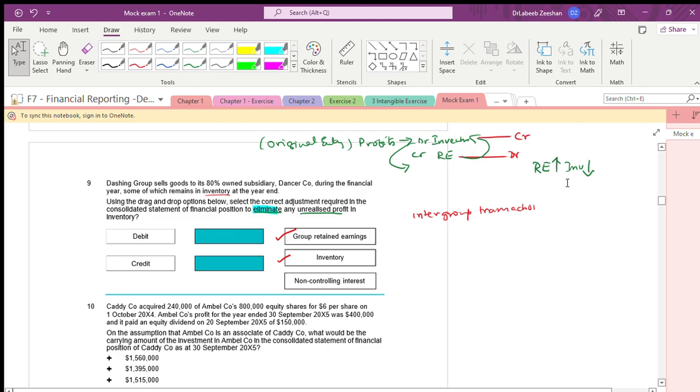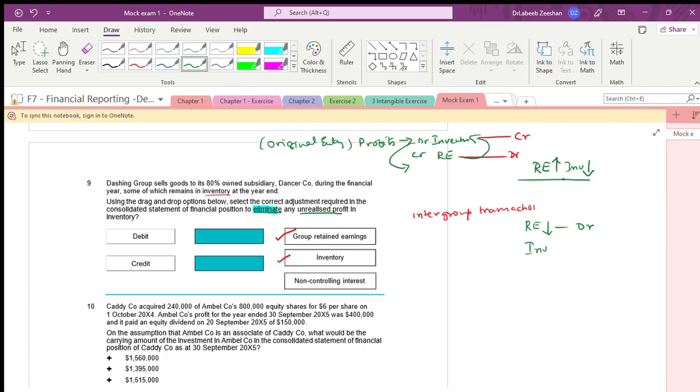Okay, this is the original entry. Now if it is a reversal, retained earnings will decrease, and if you want to decrease it, it should be debited. Inventory is not sold, so inventory has to increase.